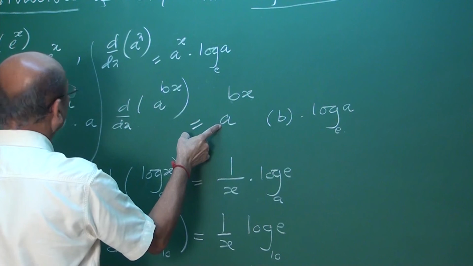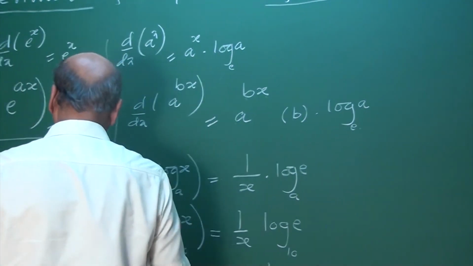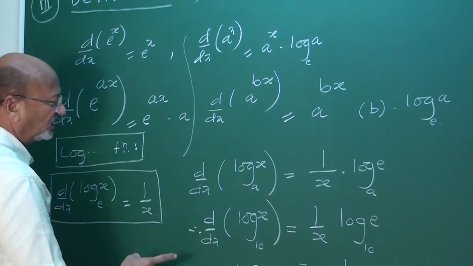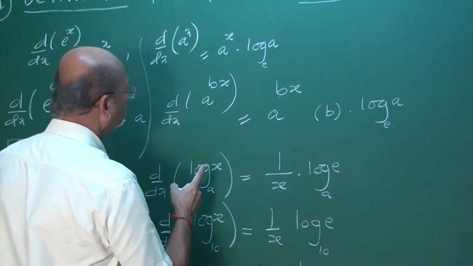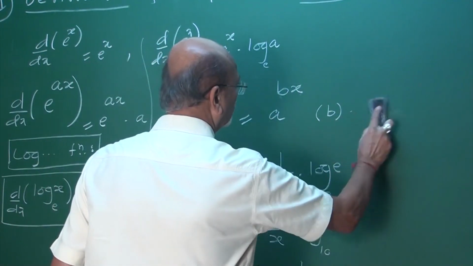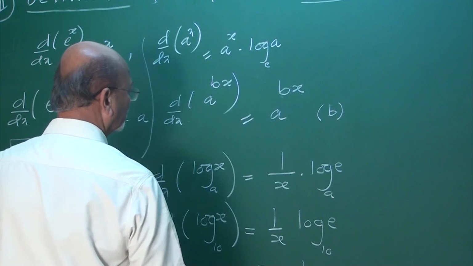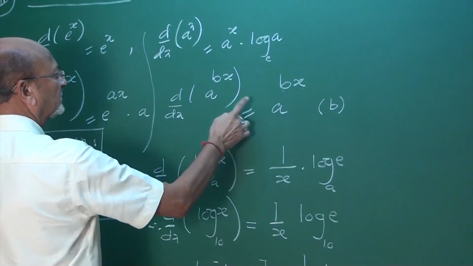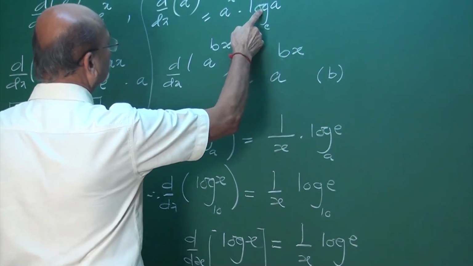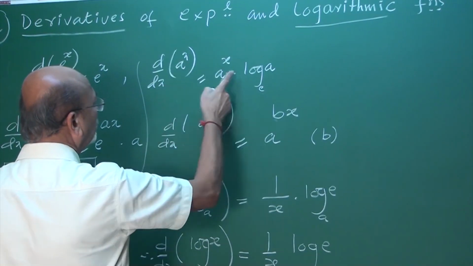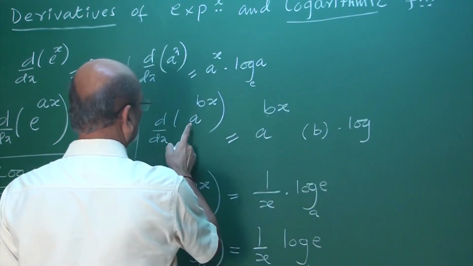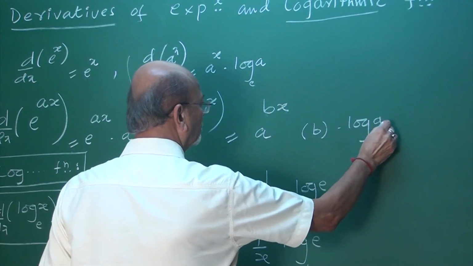If the base is e, only 1 by x for log. If it is other than e, a to the power bx is a to the power bx into the derivative of b, and log a to the base e comes in.